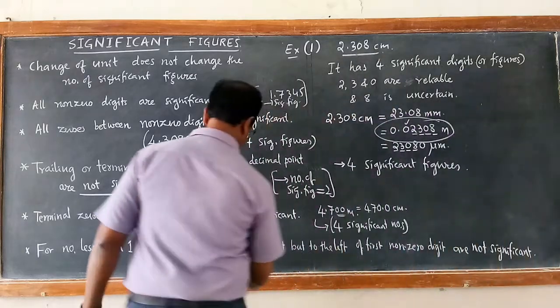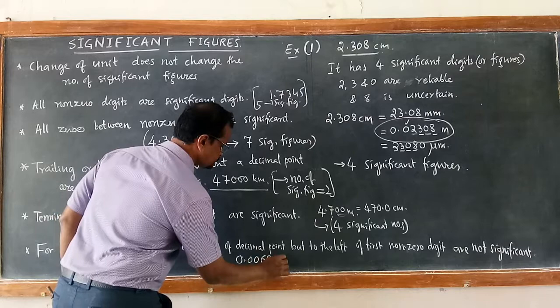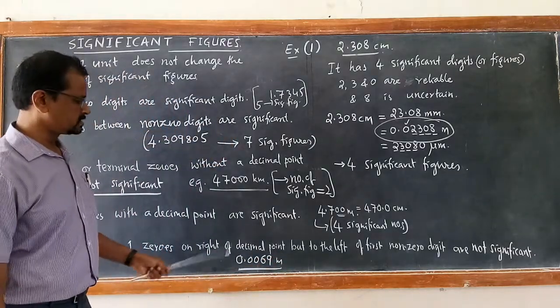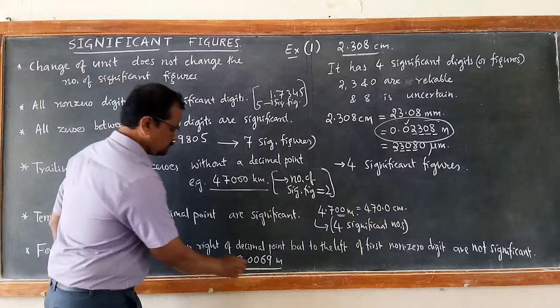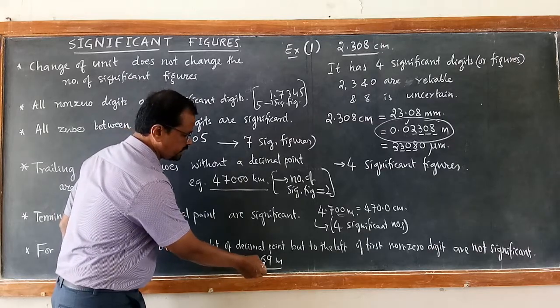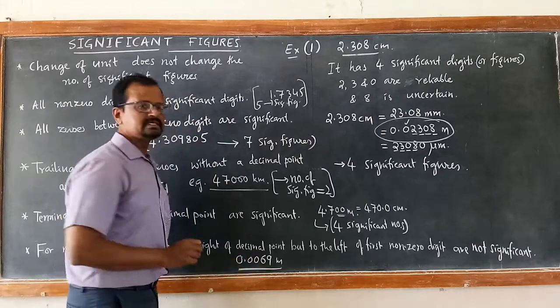For example, 0.0069 meter. According to this rule, the zeros to the left of the first non-zero digit are insignificant.